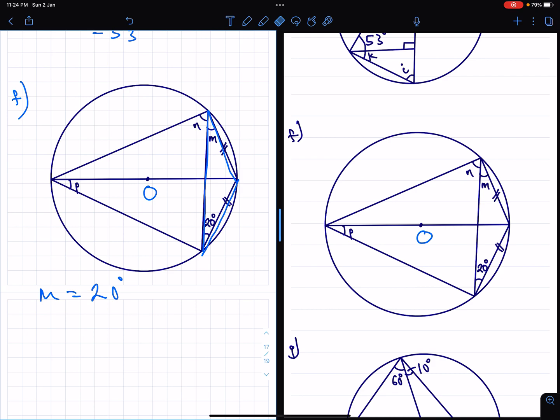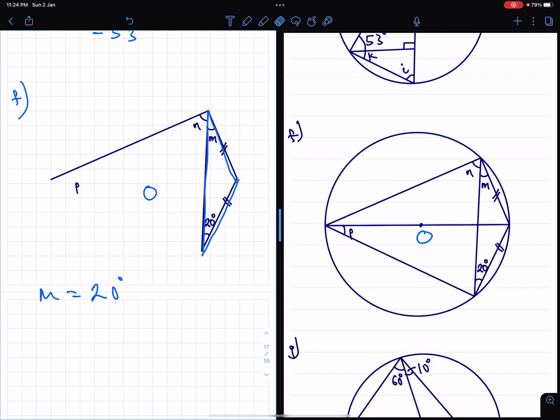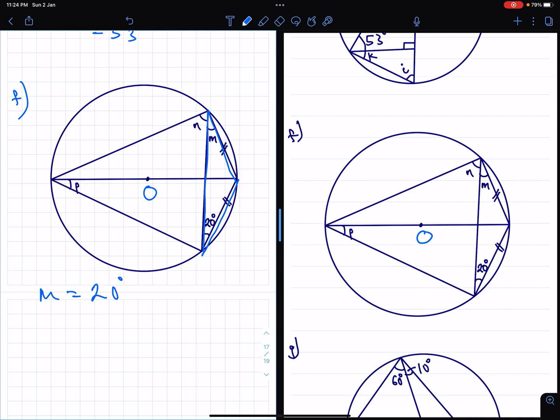Alright, I can see that this is also an angle in a semicircle. N plus M is in a semicircle, so it is 90 degrees.